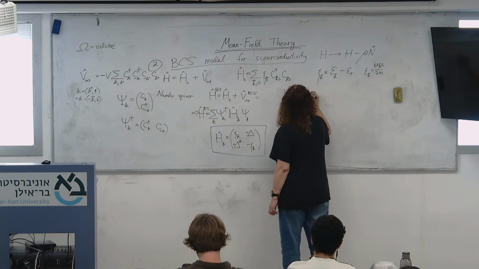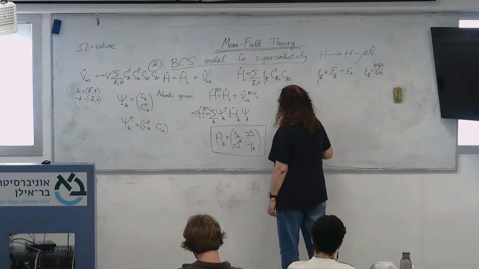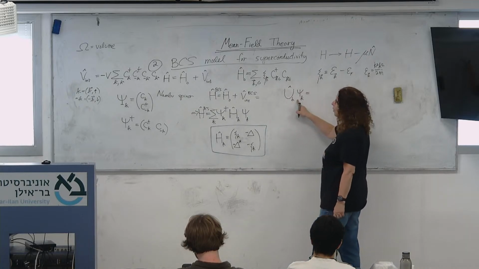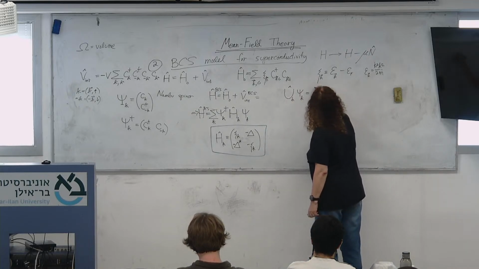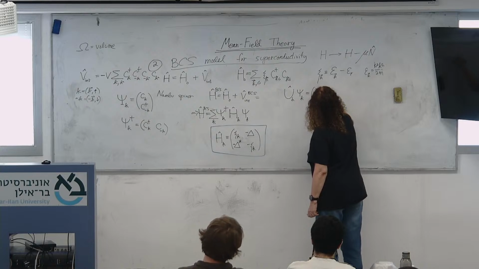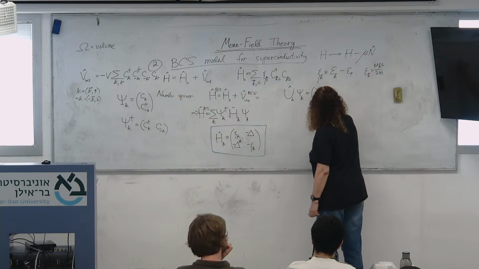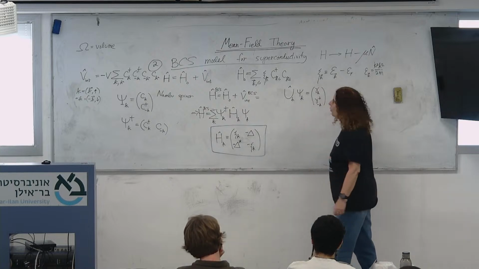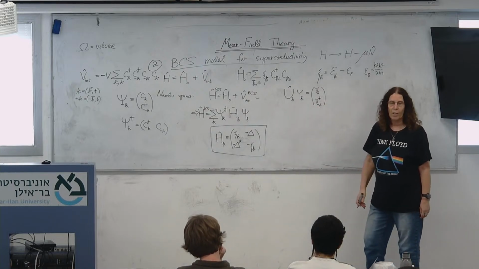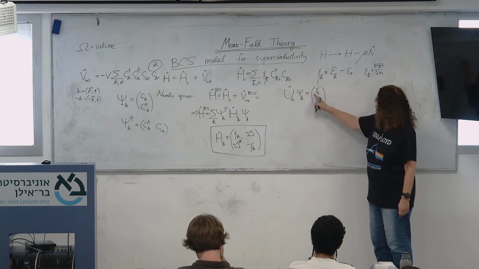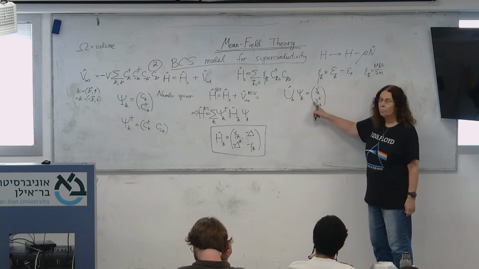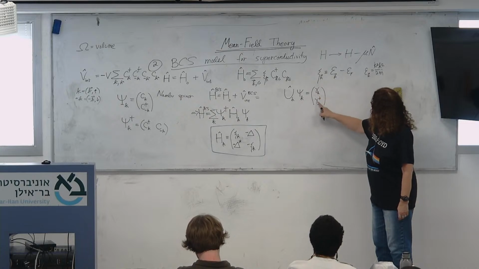So now let me call the result of this transformation some new operators that I want to denote with gamma instead of with C and C dagger. I have a gamma and gamma dagger, but they have the same indices.